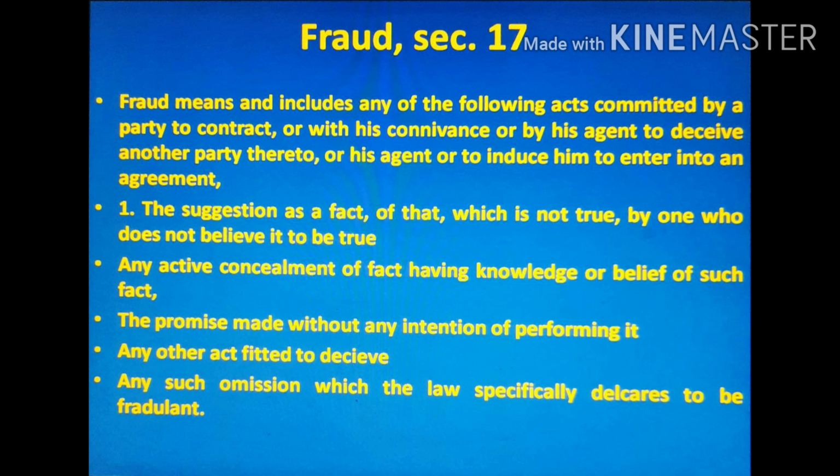I mean, the party himself need not commit the fraud. He can do it with his connivance, or through his agent also he can commit a fraud. To deceive another party thereto, that is, to cheat another party in the contract, or his agent. Sometimes he may cheat his agent also, or to induce him to enter into an agreement.